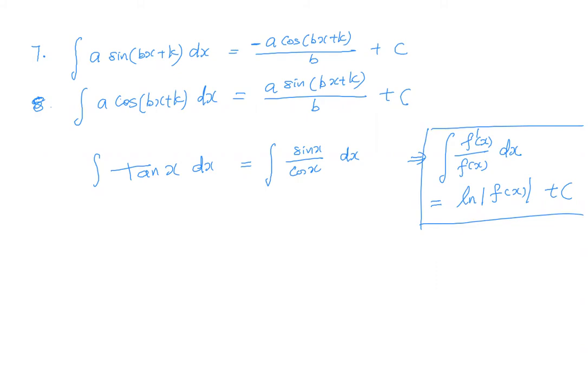Another formula is if you integrate e fx times f prime x, correct? You will get back your e fx. This is another one that I will encourage you to remember. So you see, for this case, your fx is cos x.